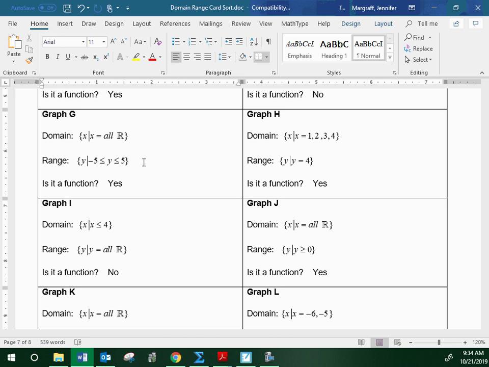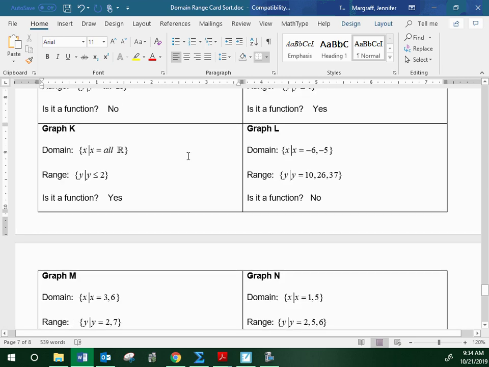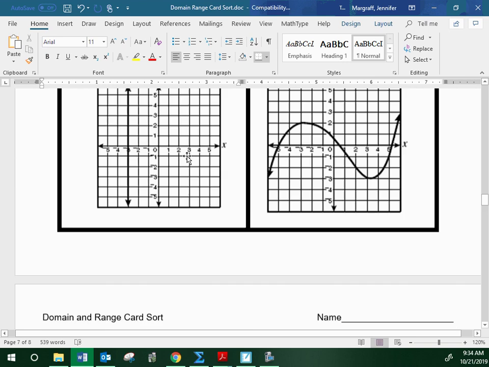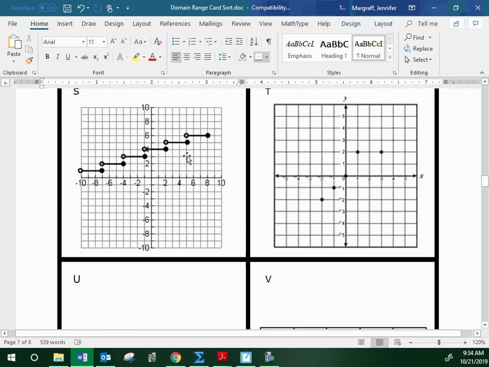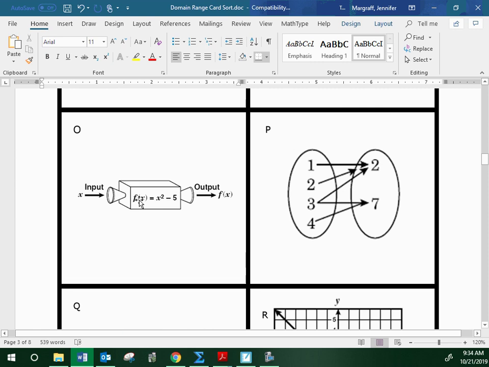So graph G, I can already make the guess that it probably was some sort of line. Alright, the one that I want to take a look at, let me scroll up to it here, is this guy where it says input output.